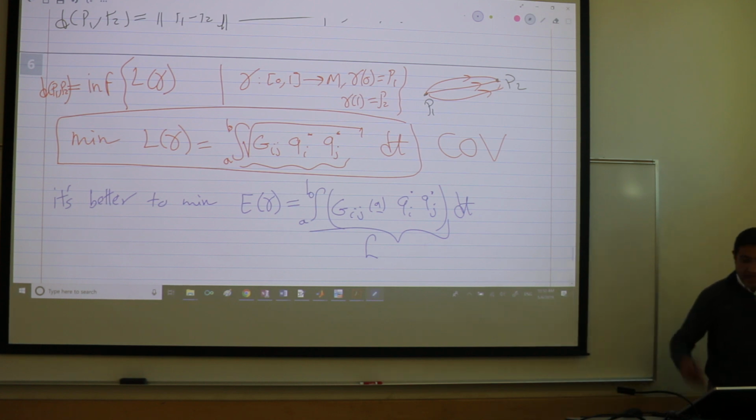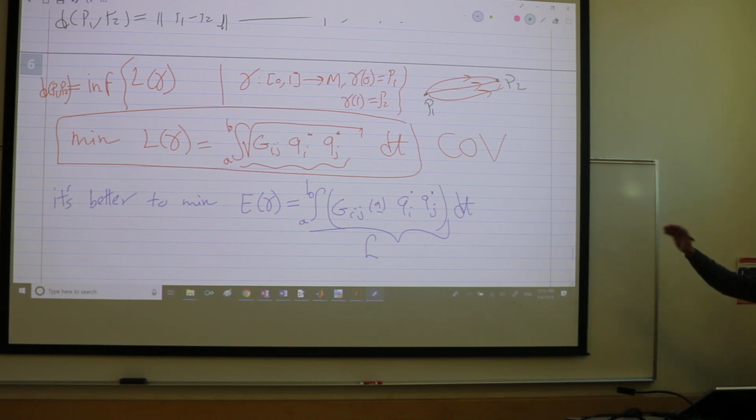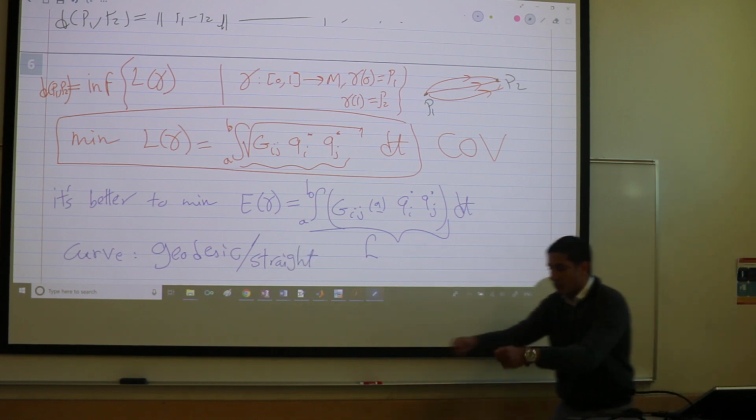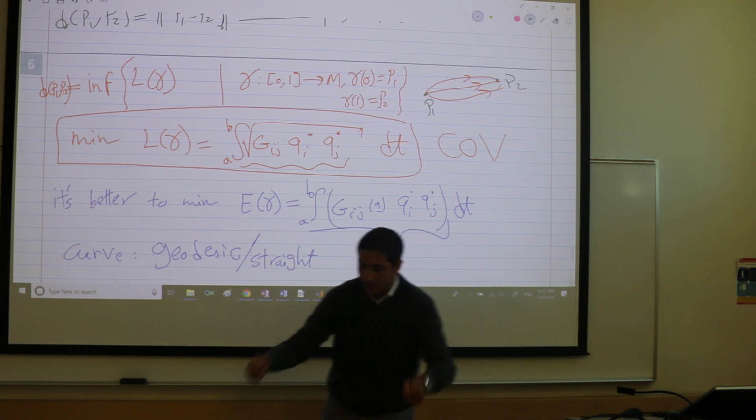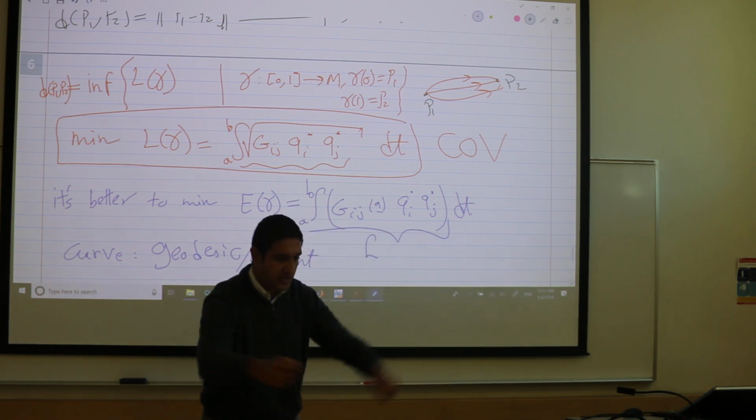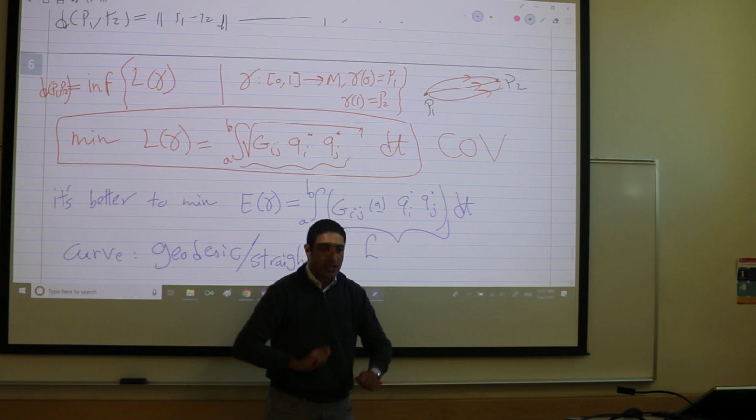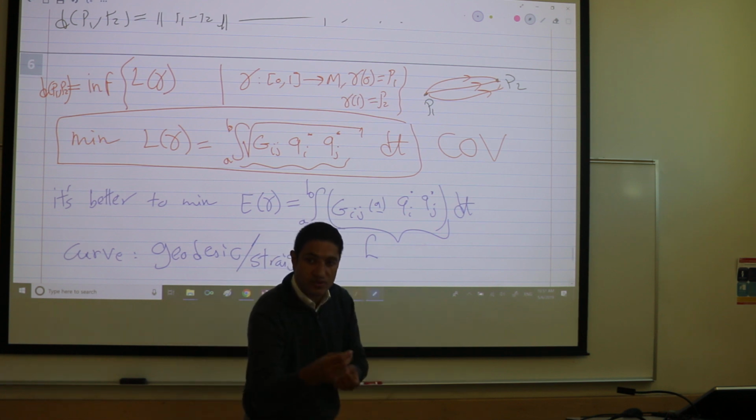And the curve that minimizes the distance between those two points, the result, is what we're going to call, again, a geodesic. Because it's a straight line. A straight line you can view from two different perspectives. If I am in a space and I have a ruler that can measure the distance between any two points, then the straight line is the curve that connects the two points with the shortest distance.